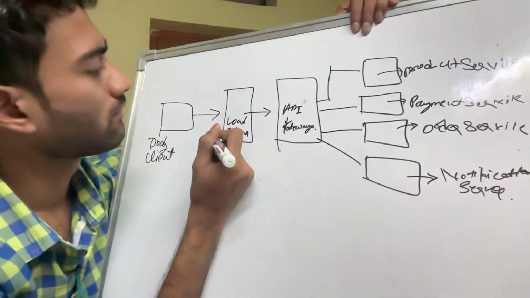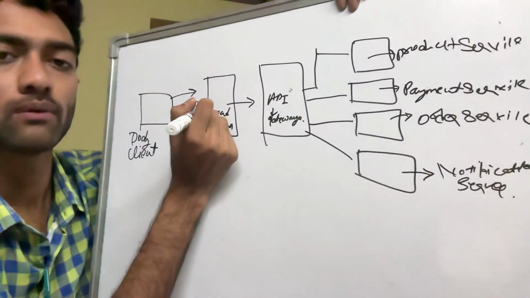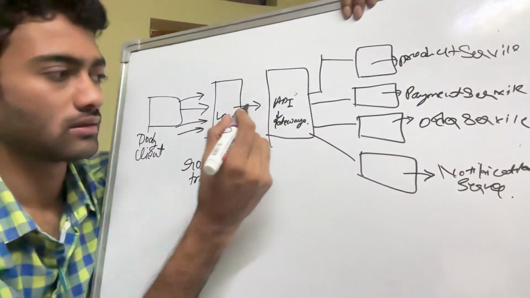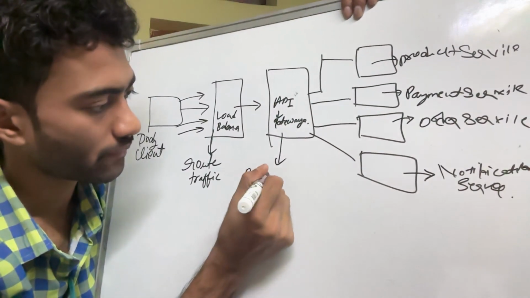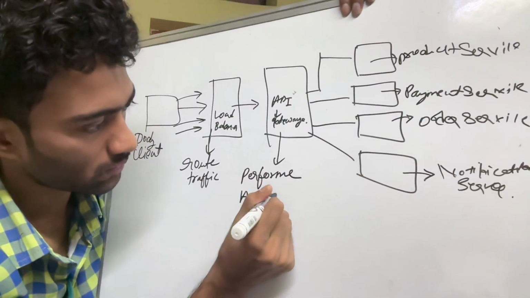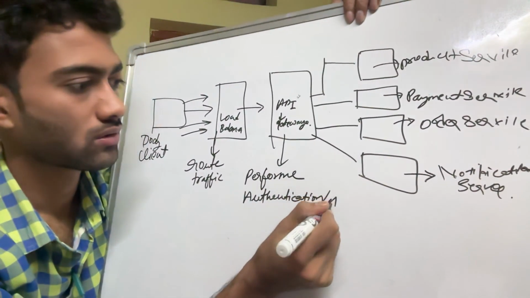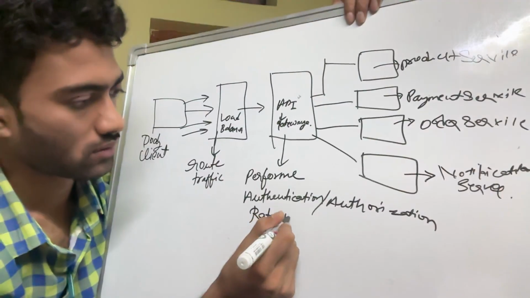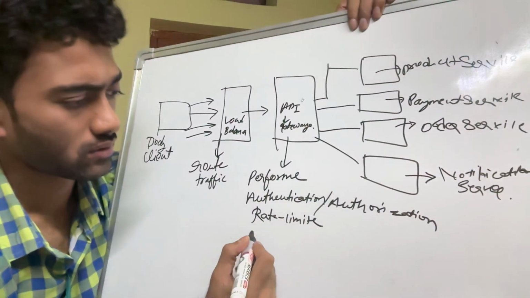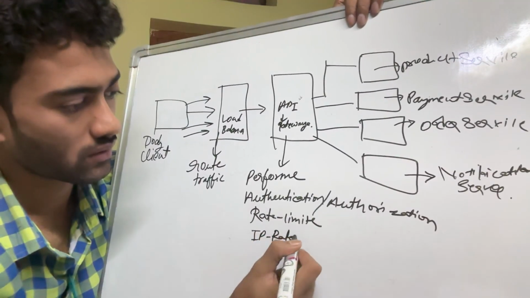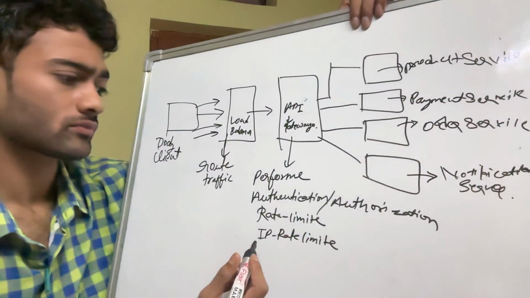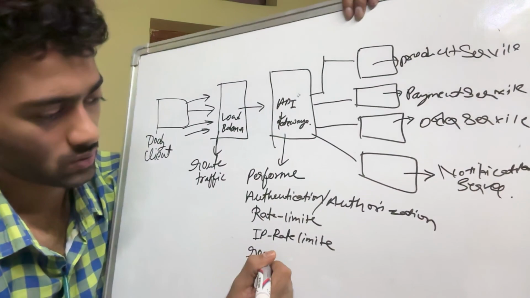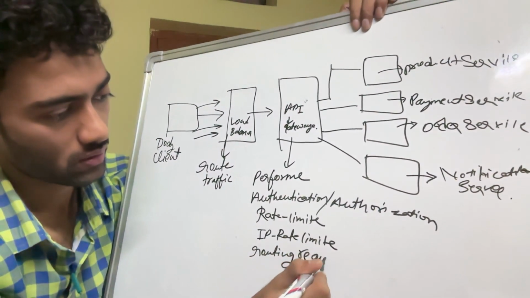Whenever high traffic is introduced, the main job of the load balancer is to route traffic, and the main job of the API gateway is to perform authentication, authorization, rate limiting, IP rate limiting, and routing requests.